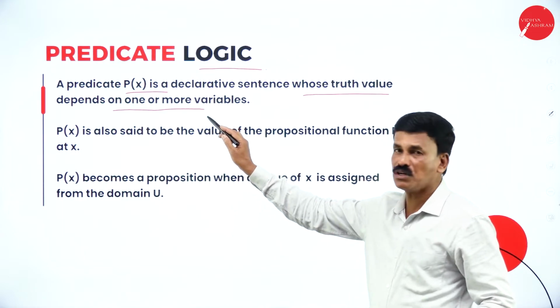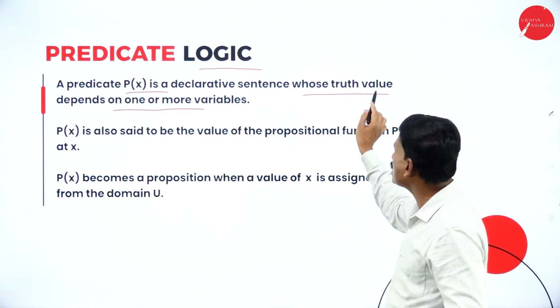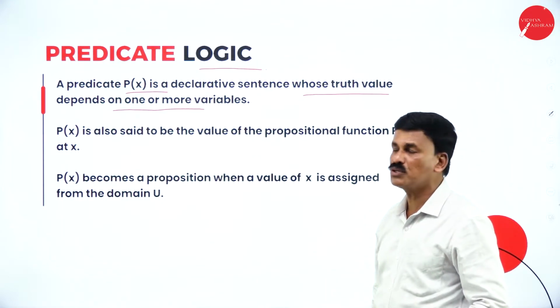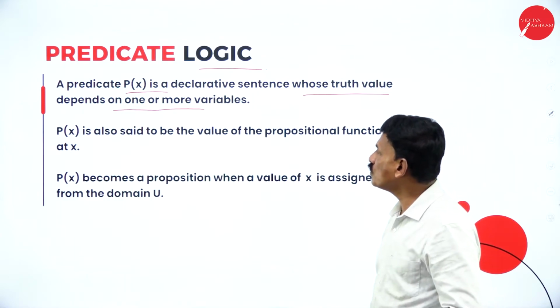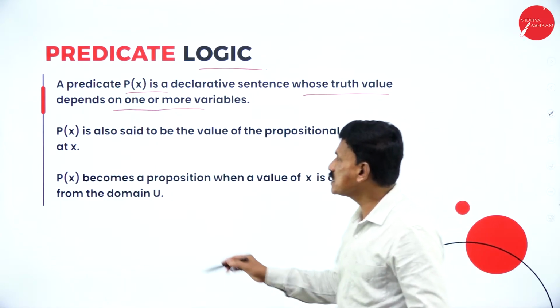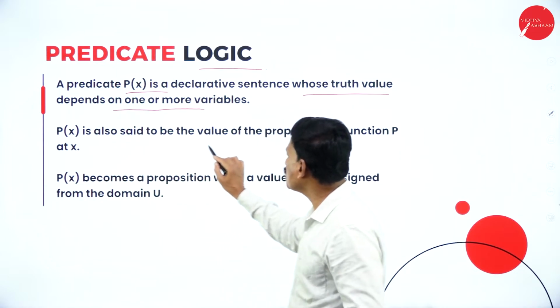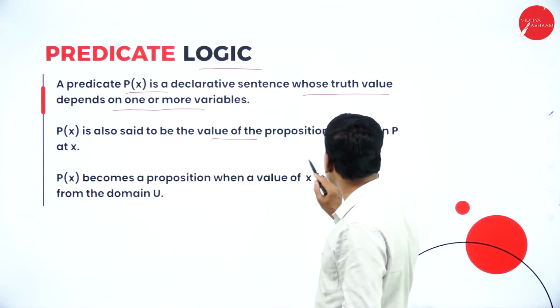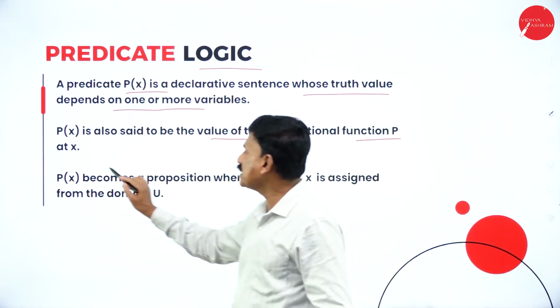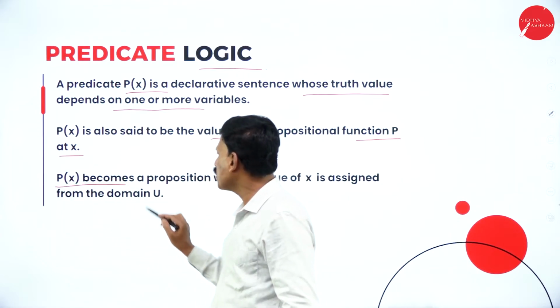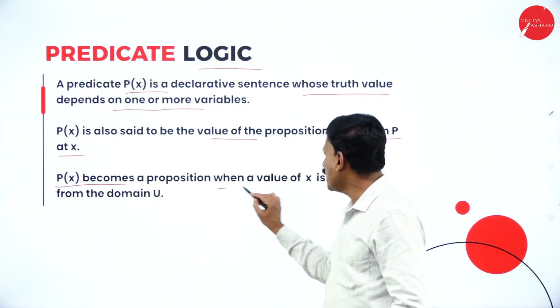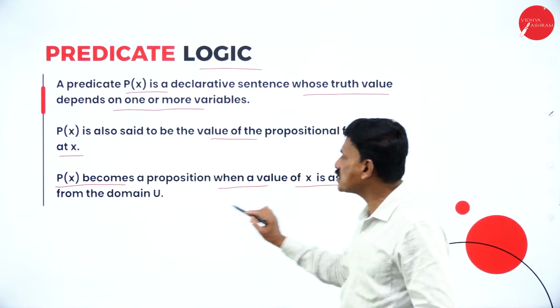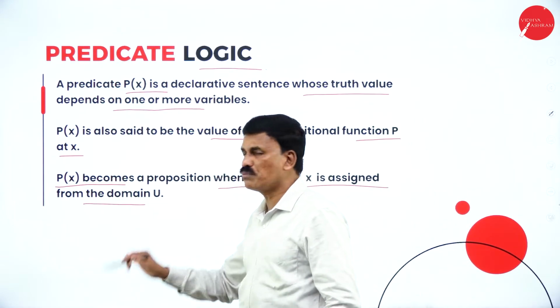A predicate P of x is a declarative sentence whose truth value depends on one or more variables. If P of x is also said to be the value of the propositional function P at x, then P of x becomes a proposition when a variable x is assigned to it from the domain U.